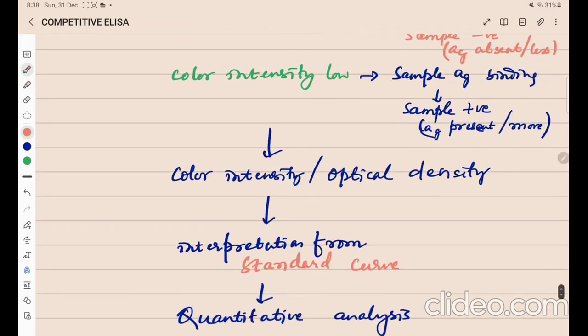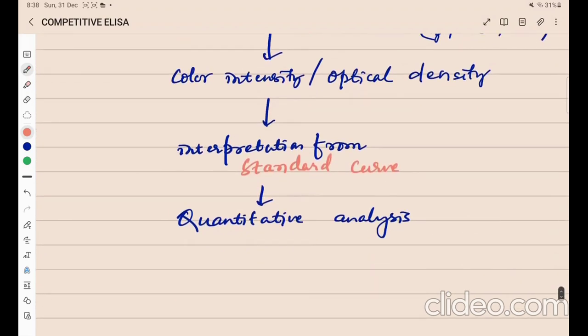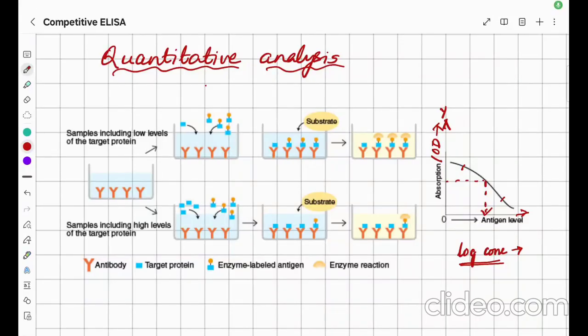From the color intensity or optical density we can have the interpretation from the standard curve. Using competitive ELISA we can also do the quantitative analysis. Usually with increase in concentration, the absorption or optical density increases as per Beer-Lambert's law. But here we get an opposite relation. The curve looks like this. Why?